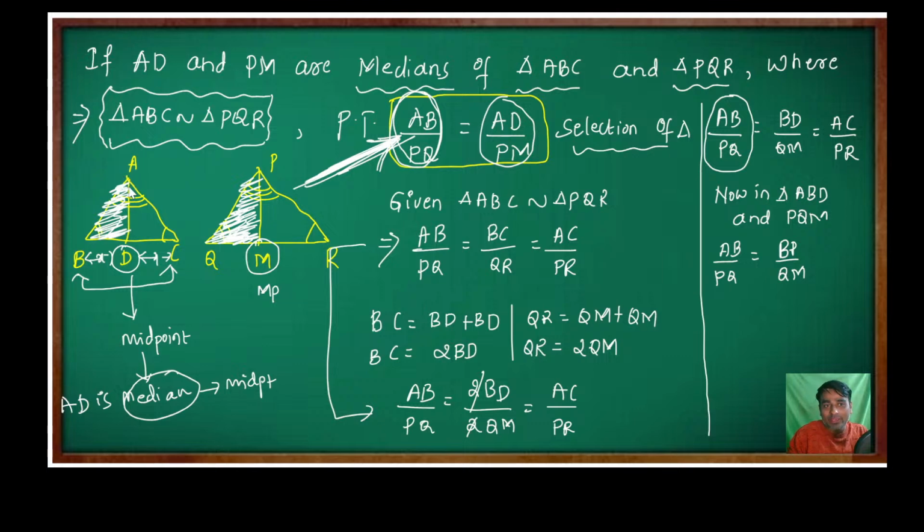AB by PQ will be BP by QM. AB by PQ will be AD by QM. AD by PM, this is.